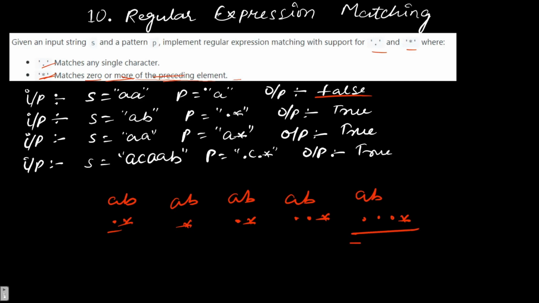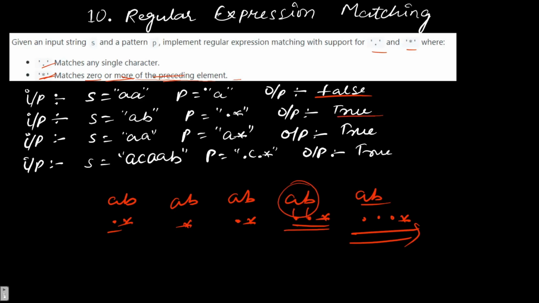We can create any number of dots we want just to match our string. So a can be matched with dot and b can be matched with dot, as dot can match any single character. So our output will be true.